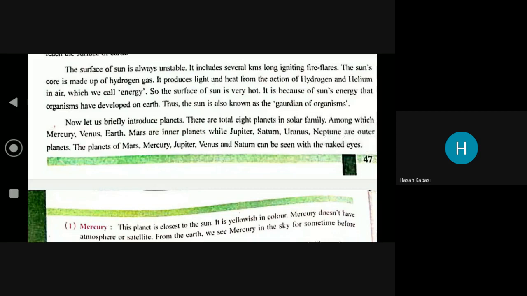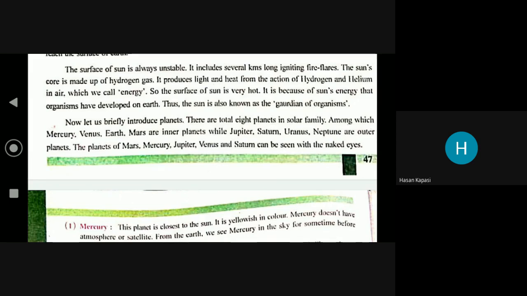Okay. The surface of the sun is also unstable, like our earth. It includes several kilometer-long igniting flares. The sun's core is made up of hydrogen gas. It produces light and heat from the action of hydrogen and helium in air, which we call energy. So the surface of the sun is very, very hot.